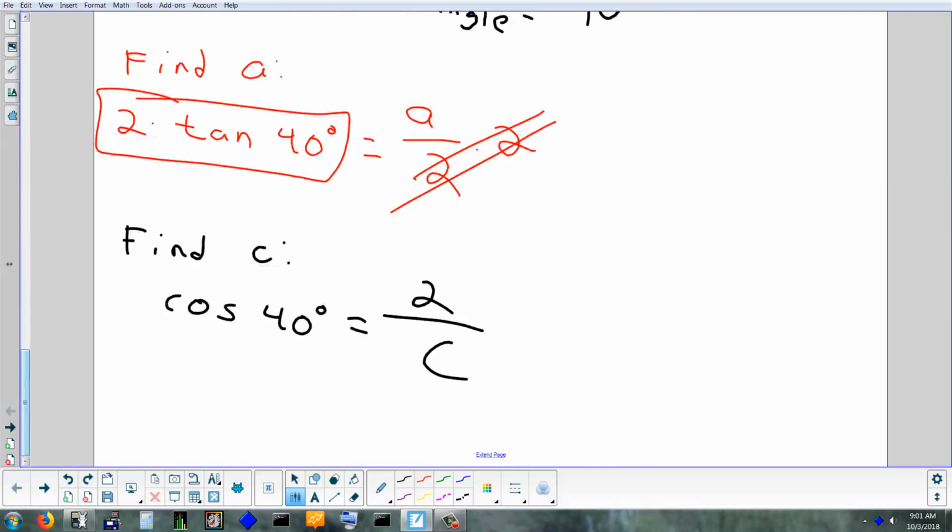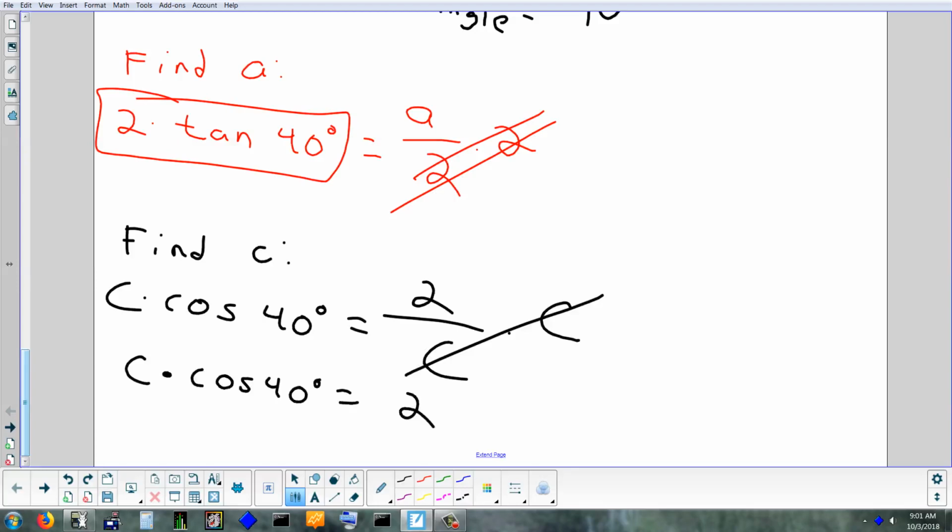Now, this one, because the variable is in the bottom, we've got to do 2 steps. We're going to start out by doing the same thing. We're going to multiply each side by what's in the bottom. That'll at least get rid of that fraction. So now I have C times cosine 40 equals 2. And what would be my last step to get C by itself?